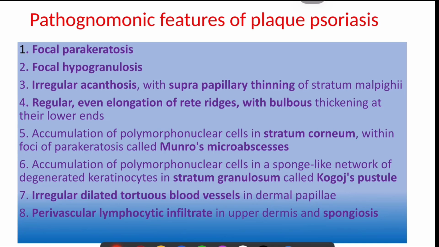Now, what are the pathognomonic features of plaque psoriasis? Already we have discussed focal parakeratosis, focal hypogranulosis, irregular acanthosis with suprapapillary thinning of the stratum malpighii, regular even elongation of rete ridges with bulbous thickening, and Munro microabscesses in the stratum corneum can be seen.